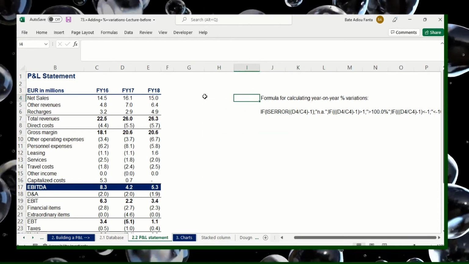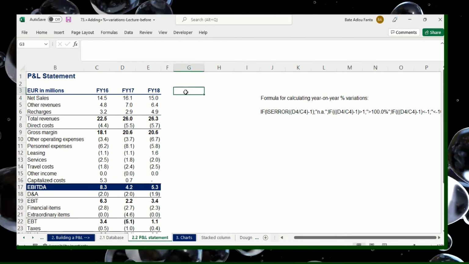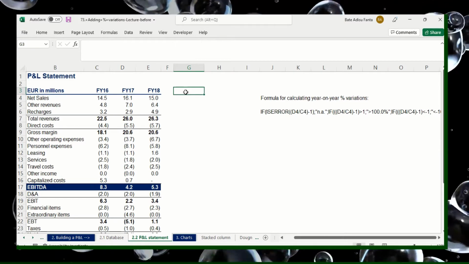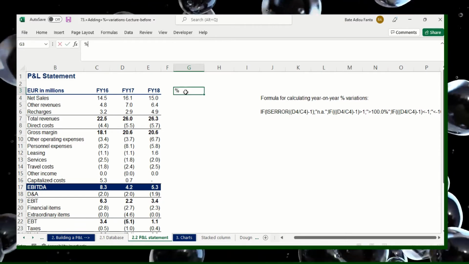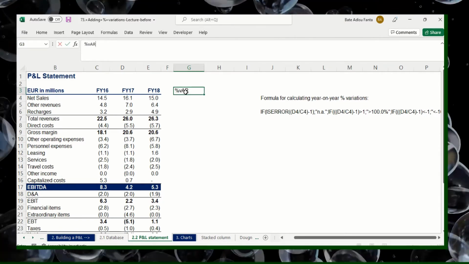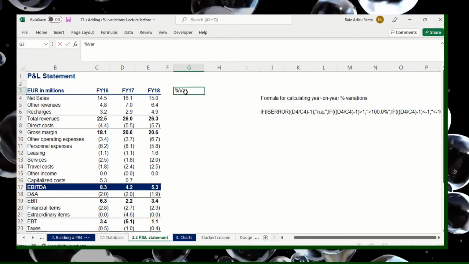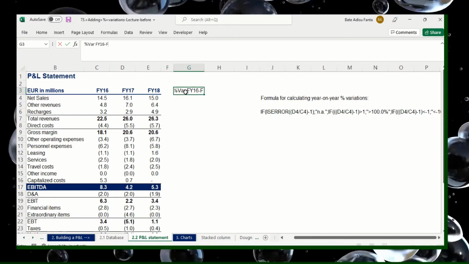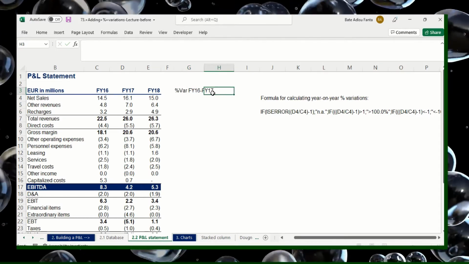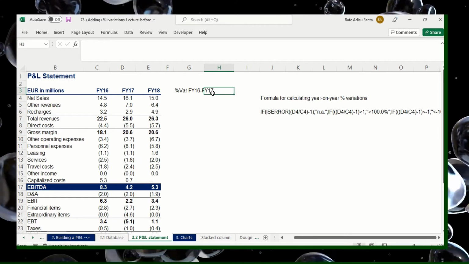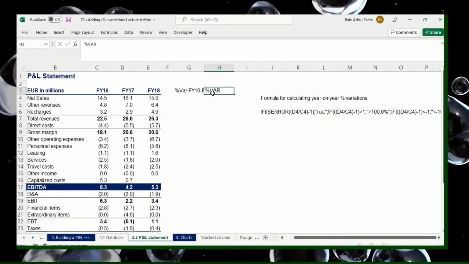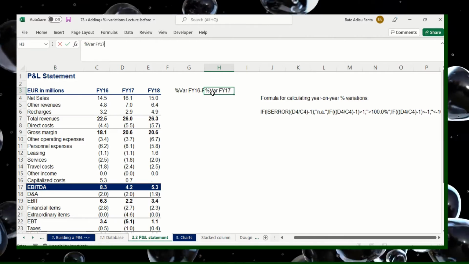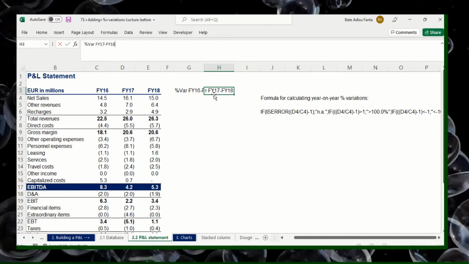Okay, so we are going to calculate percentage variation from fiscal year 16 to fiscal year 17 and percentage variation from fiscal year 17 to fiscal year 18.